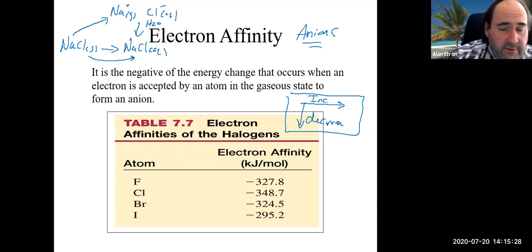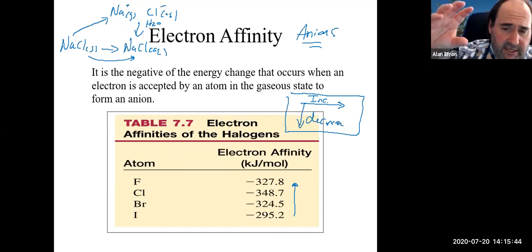And this, for example, is group 7. For the most part, if we go up group 7, we do see an increase in the electron affinity. And as I said, group 7 is actually a very good example that it's not perfect. You can see that the energy change for chlorine is actually more than for fluorine.